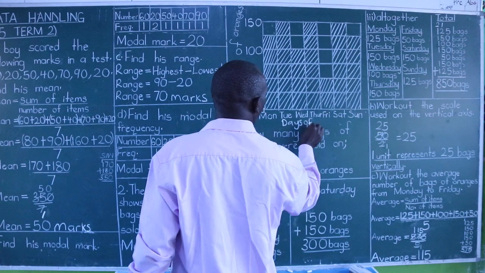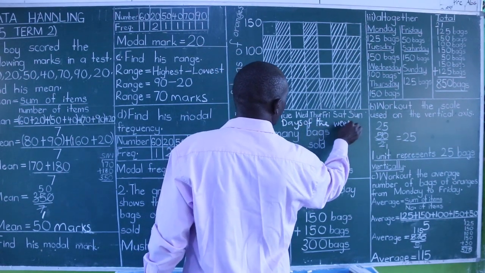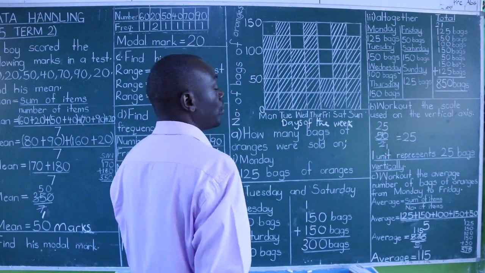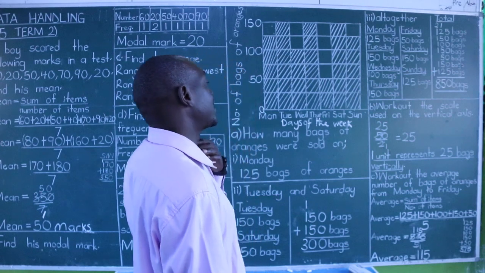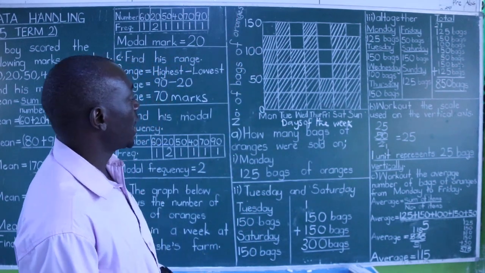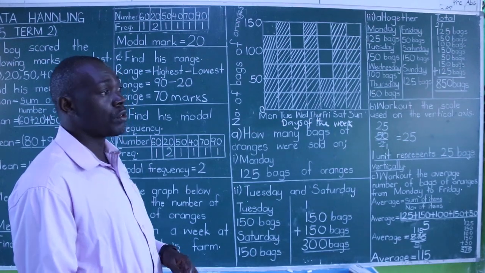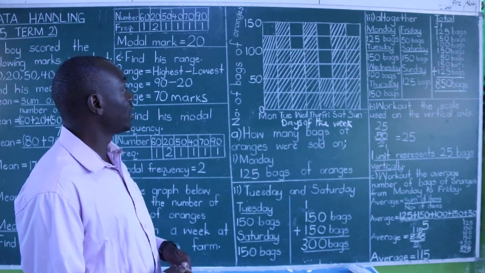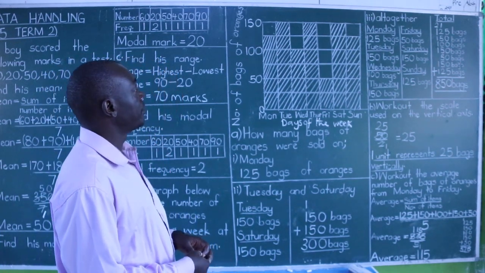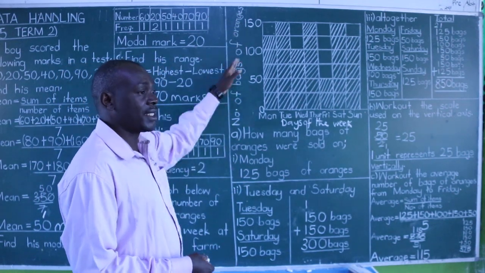So we've got two axes, the horizontal axis and the vertical axis. In any given histogram or bar graph, what matters so much is the vertical axis.